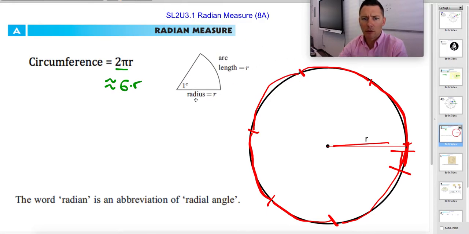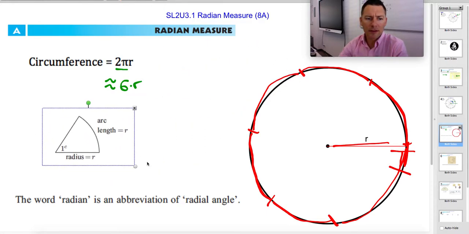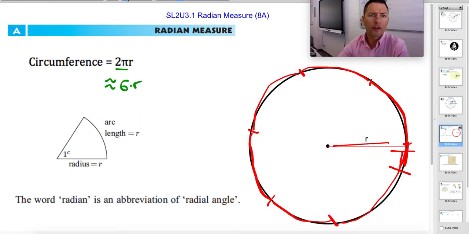Oh, there we go. If you were to walk out to the edge, walk up this same distance r, this angle that you've subtended, which means traversed, theta, is 1 radian.